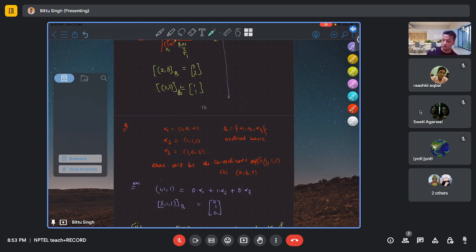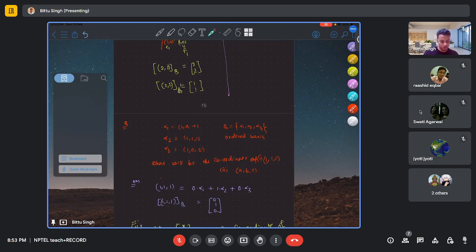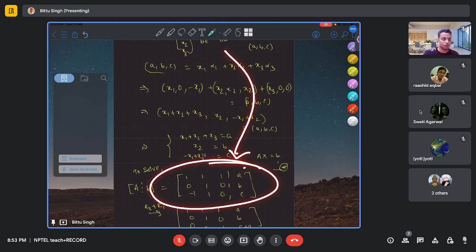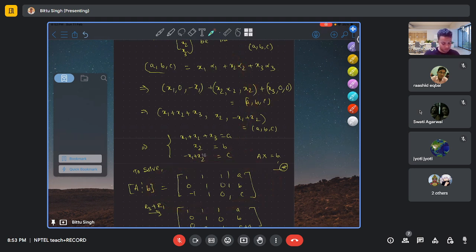So you can solve the equations directly from this step. Just put the first, second and third basis elements into this form, and you will solve for A, B, C.